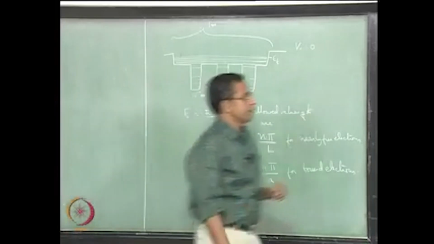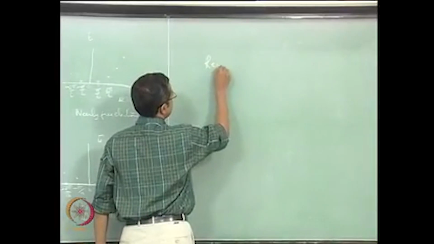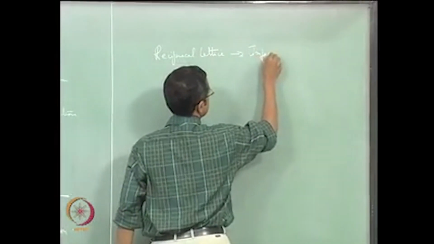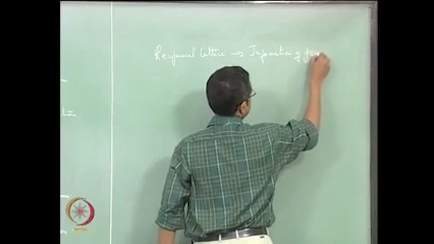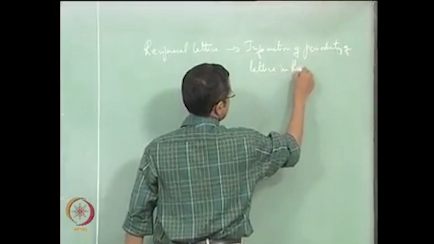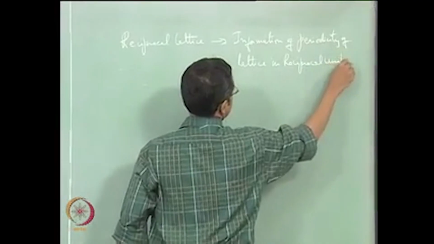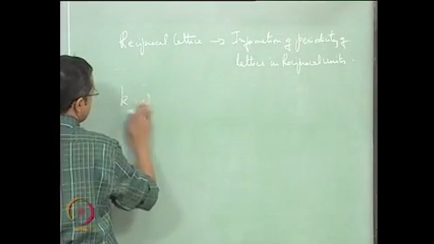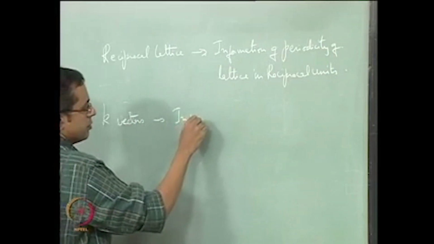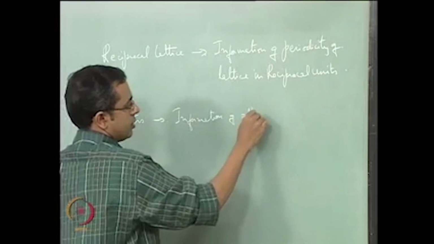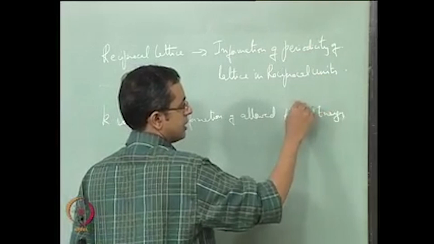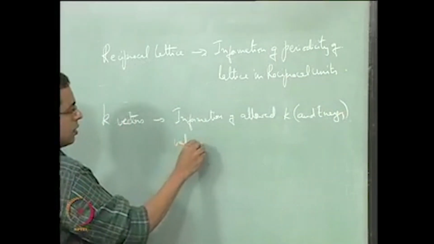In this context we also saw, okay, I will put that down: reciprocal lattice, information of periodicity of lattice in reciprocal units, and k vectors, information of allowed k and energy values, and therefore energy values in reciprocal units.